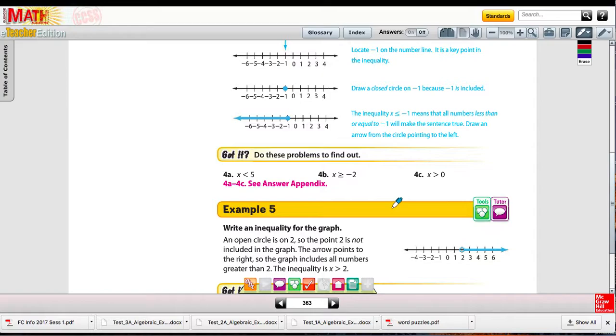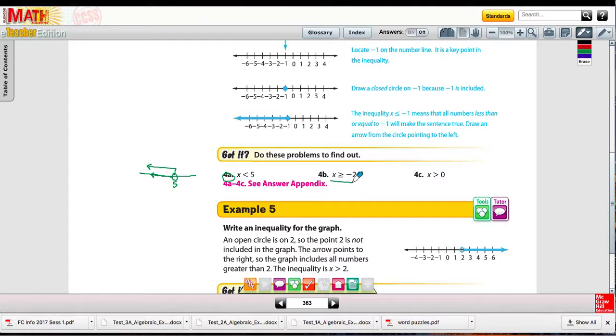Let's take a look at x is less than 5. On your number line on your note sheet, all you have to do is find the number 5 and put an open circle there. Sometimes kids like to go up and to the left to show that arrow, because when you write the arrow right on the line, it's hard to see. I will accept either one.